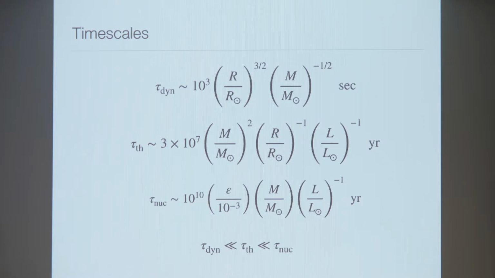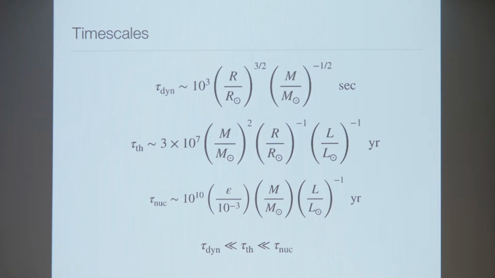So what does it mean? Basically, the lifetime of the star is governed by the nuclear timescale, which is the longest timescale we have.